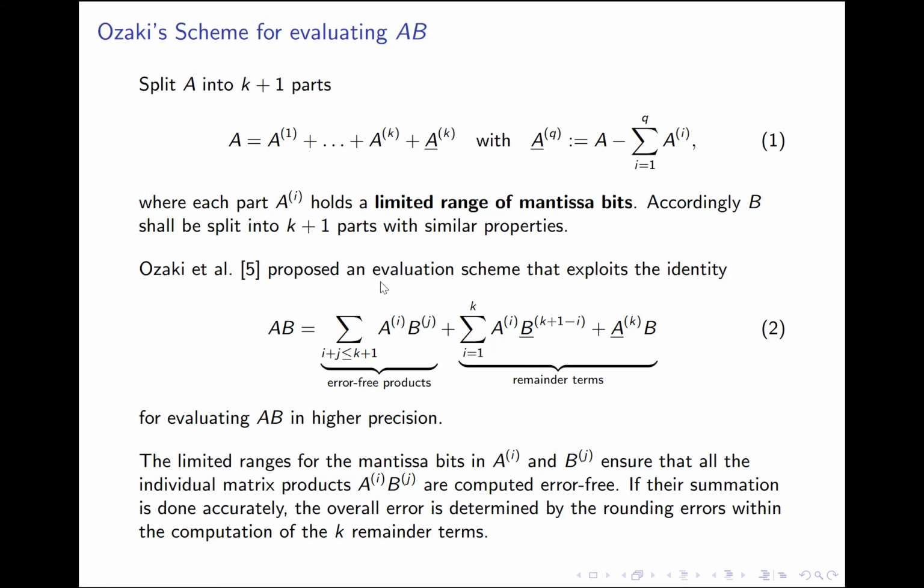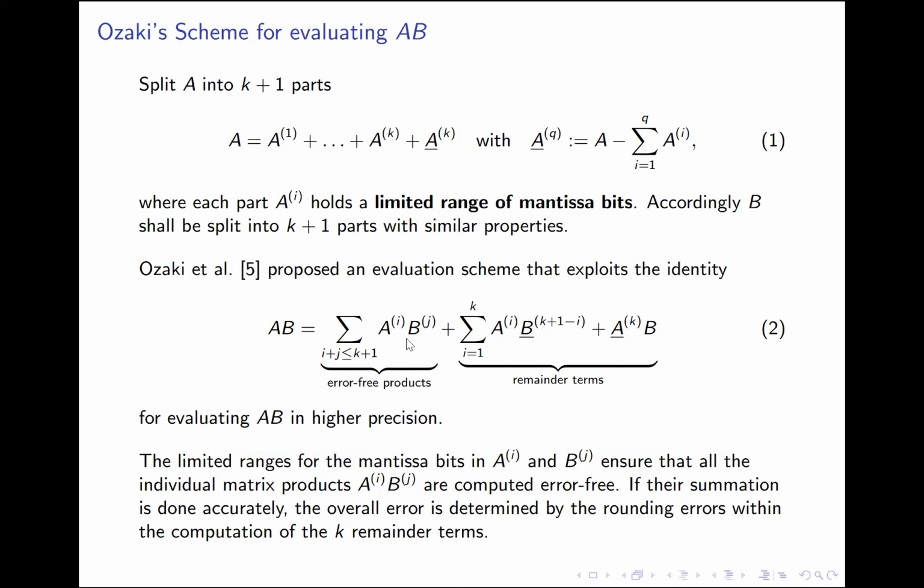Then Ozaki's idea is to reformulate the matrix product like this, with the right-hand side here. This follows straightforwardly from this identity for A and B, by collecting the significant half of all the k plus 1 squared terms in the first sum and combining all the other terms in k plus 1 remaining terms.